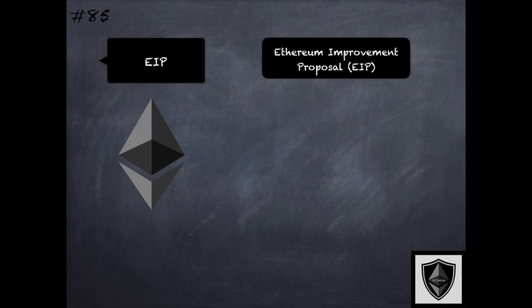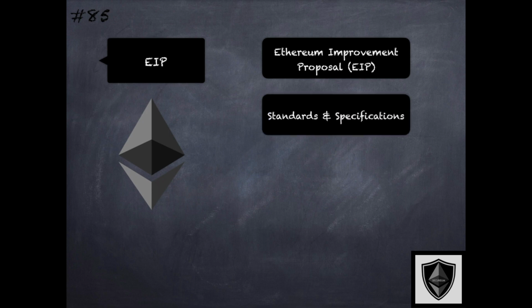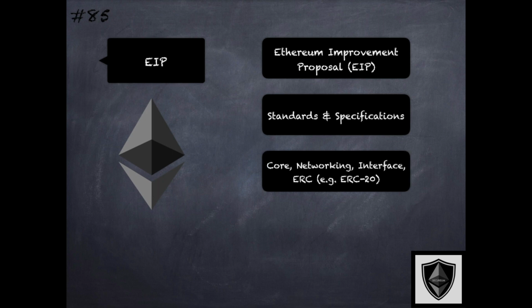And there's a very well defined process for EIPs, from the time somebody proposes to the way it is discussed, debated, voted upon, and finally makes it into a standard or a specification. Depending on the different layers or aspects of the Ethereum protocol the proposal targets, these could be addressing the core aspects of the protocol, the networking aspects, the interface, or some of the token standards.